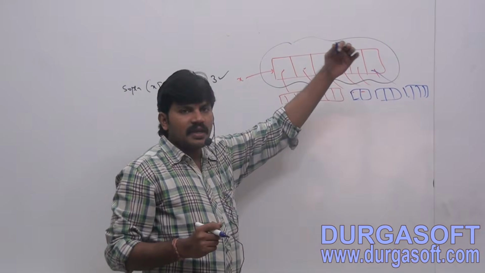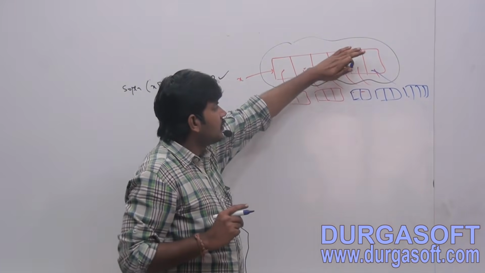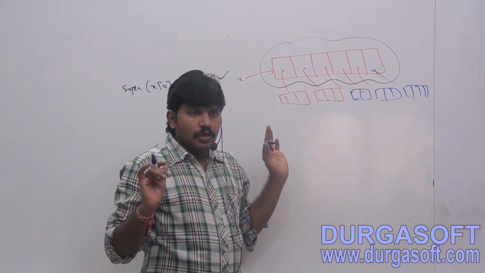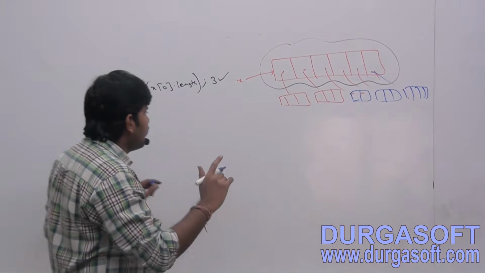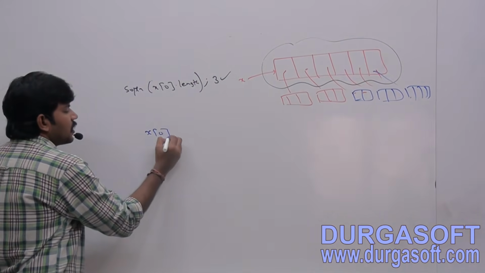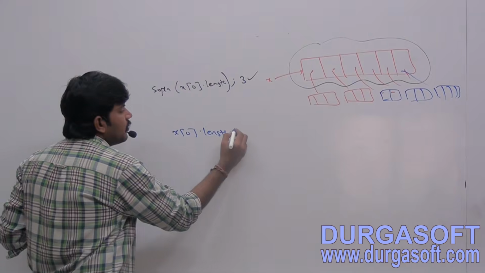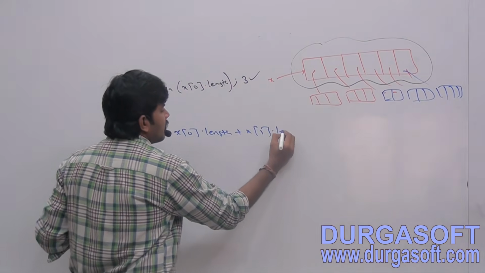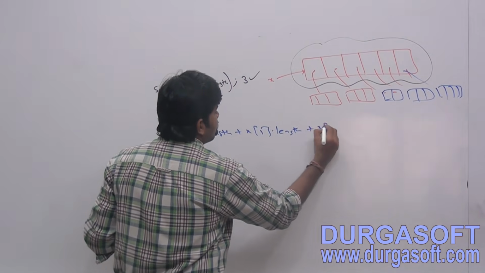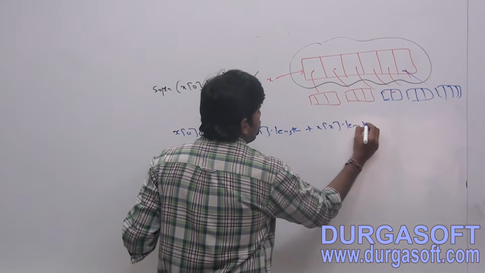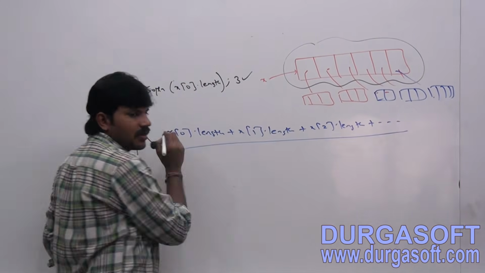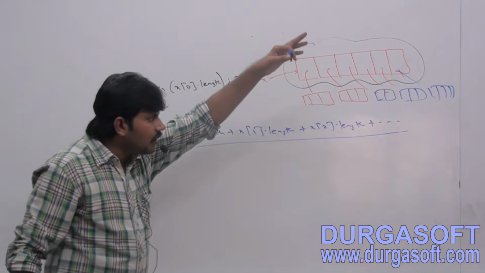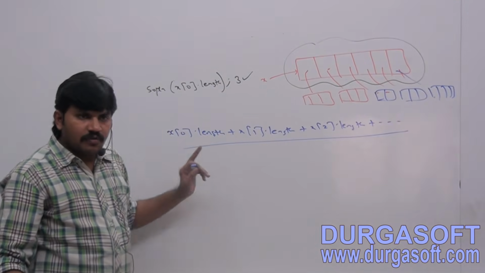So there is no direct way to specify the size of a multi-dimensional array. Indirectly we can find it. What is the way? Very simple. X of 0 dot length plus x of 1 dot length plus x of 2 dot length plus and so on. Until you count all, then automatically you will get the total size.